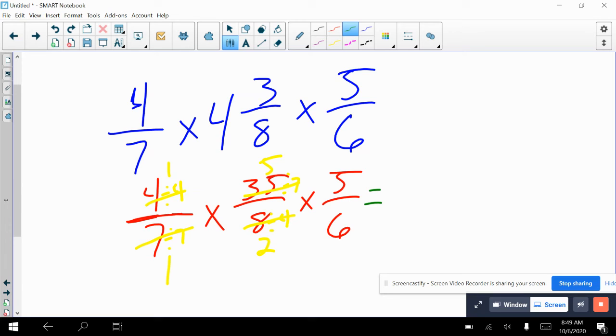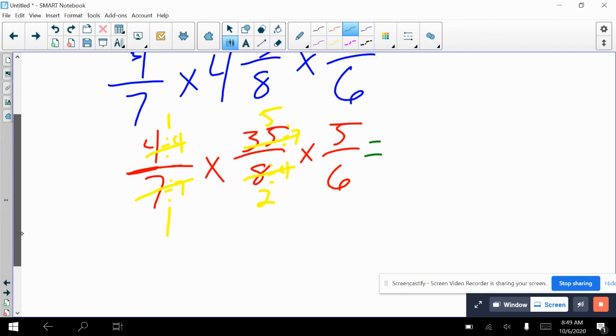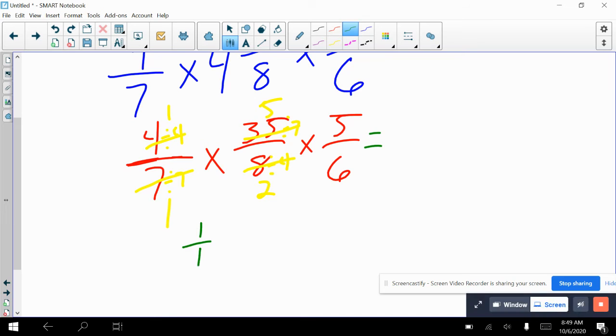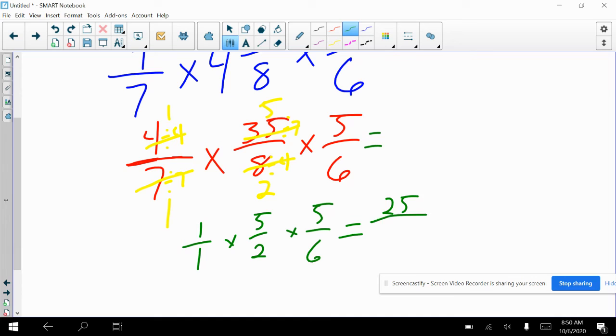1 times 5. Actually, let me clean this up because this is now what our new problem looks like. 1 times 5 is 5 times 5 is 25. 1 times 2 is 2 times 6 is 12. Hopefully we don't like that. How many 12s go into 25 without going over?